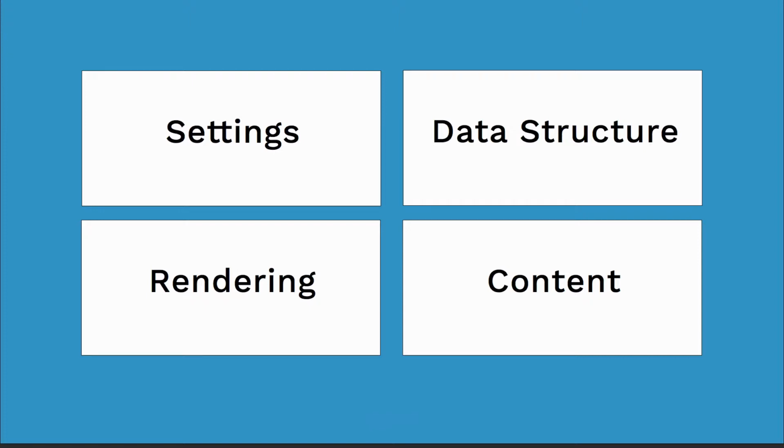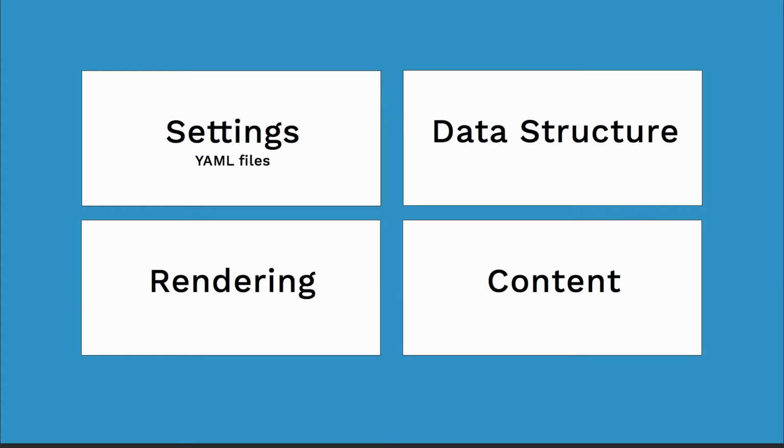The second thing is we somehow need to structure the content of a website, and we'll go into how that data is structured. Then we need to render that data so end users can use it on the website. And we need, of course, content, which is entered by editors.